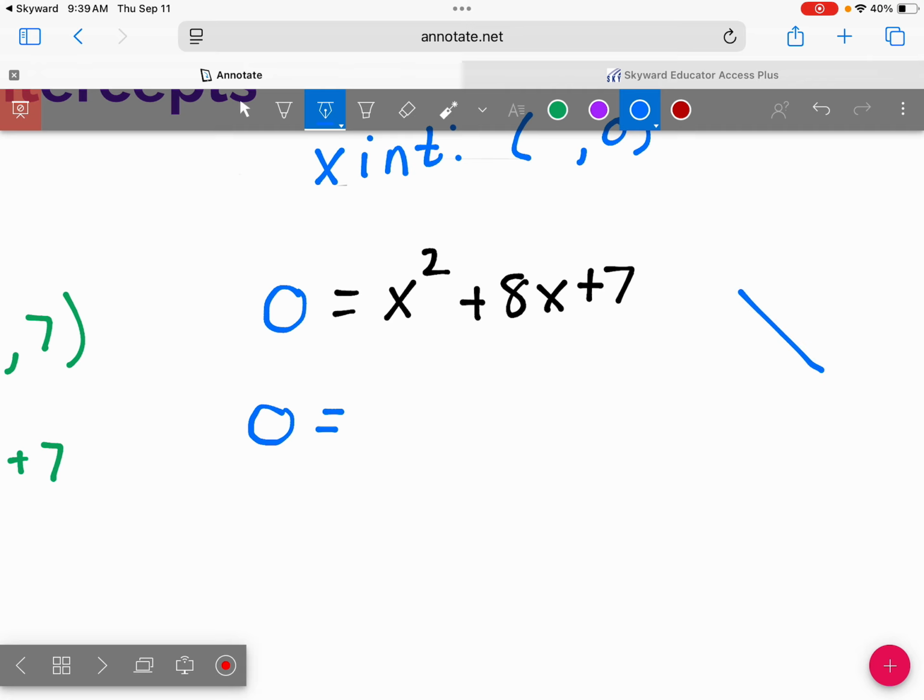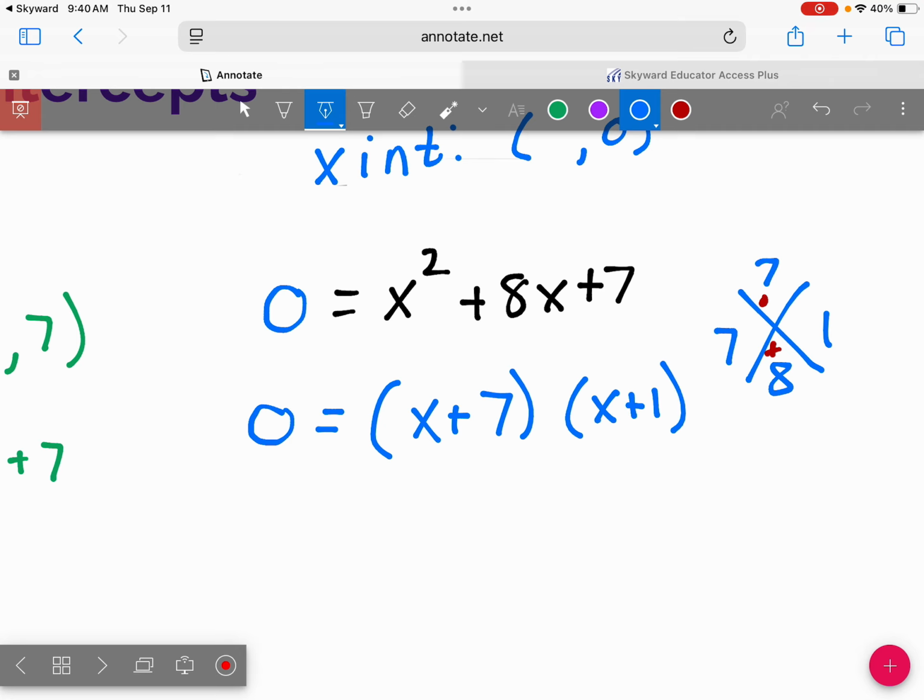We need a pair of numbers that multiplies to make 7 and adds to make 8. 7 and 1. Those multiply to make 7, add to make 8. So our factored form is going to be (x + 7)(x + 1). If we don't have an a value, we can take the shortcut.